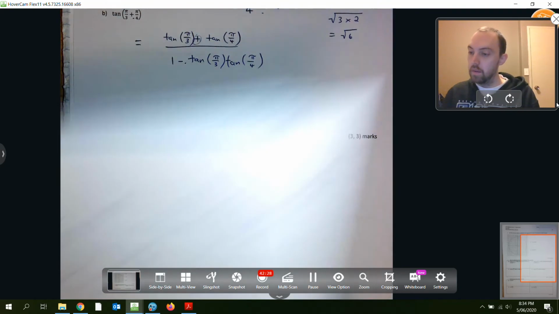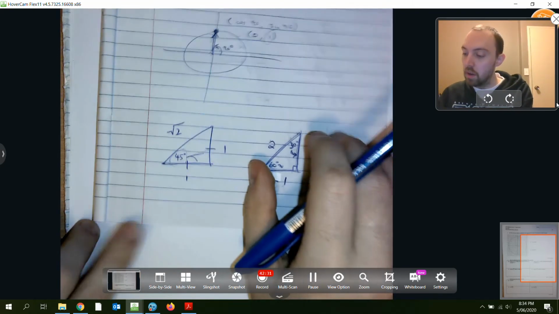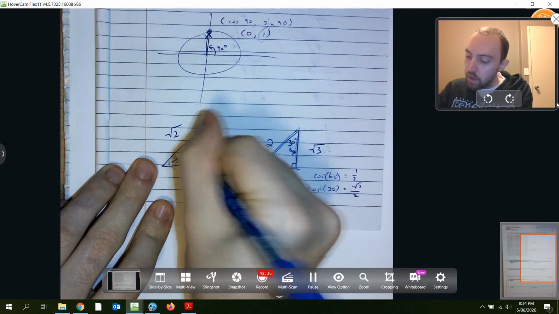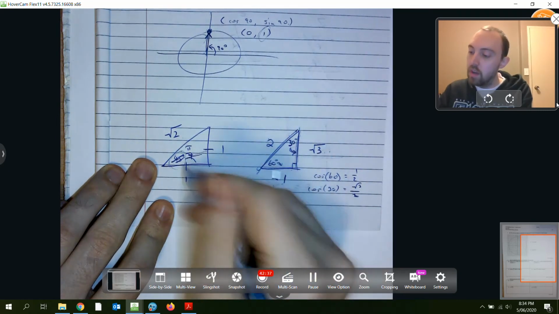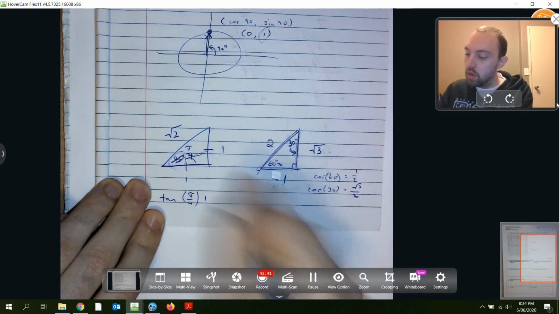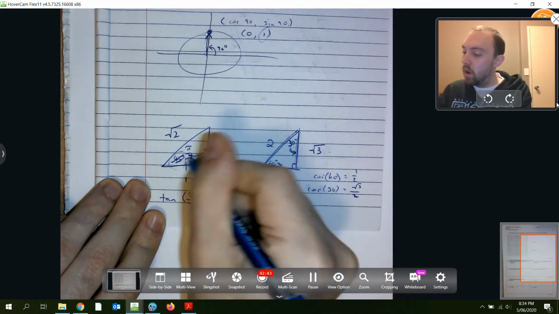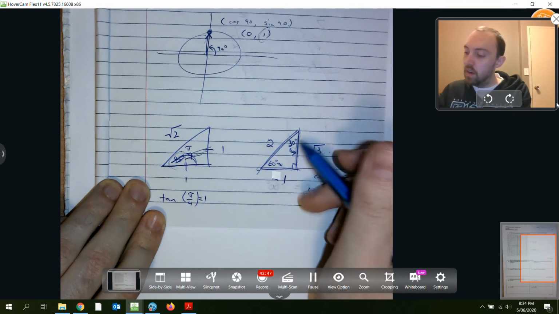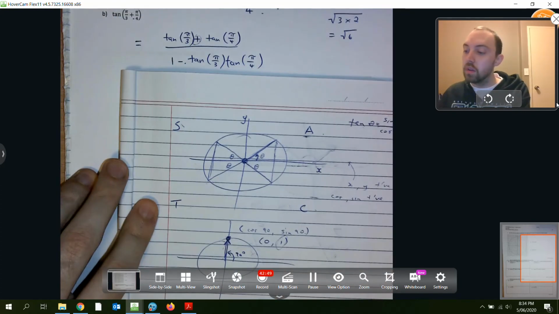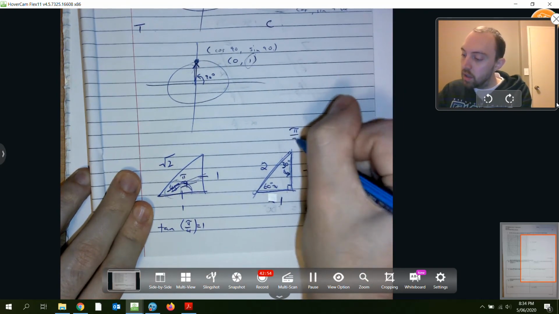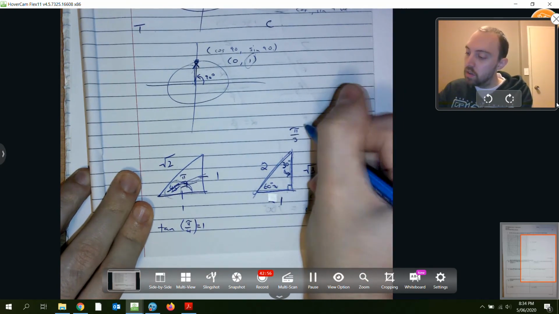We might need to go back to our triangles. 45 degrees is pi on 4. So tan of pi on 4 is 1. Opposite over adjacent. In this case, tan of pi on 3 is 60 degrees.